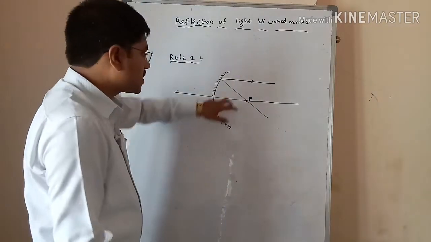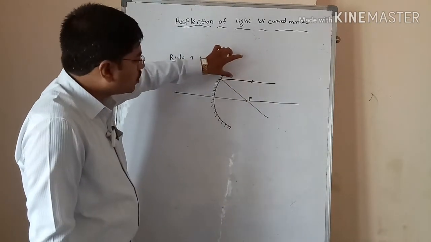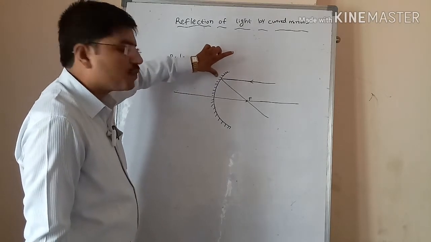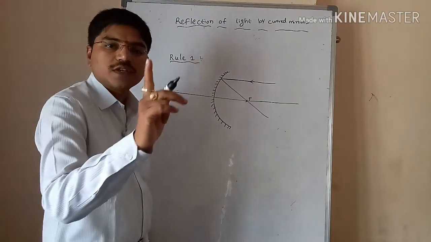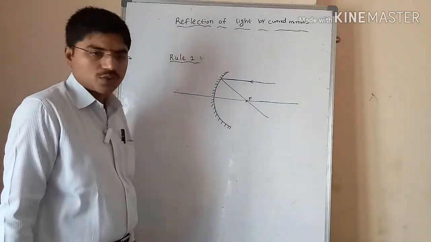If any ray is coming from infinity parallel to the principal axis, then after reflection the ray passes through the focal point. This is called the first rule.